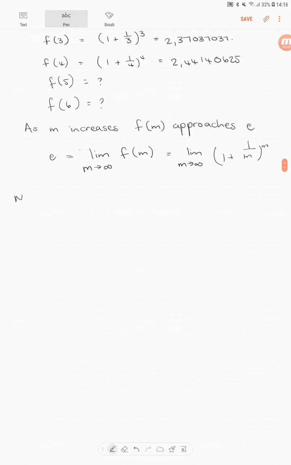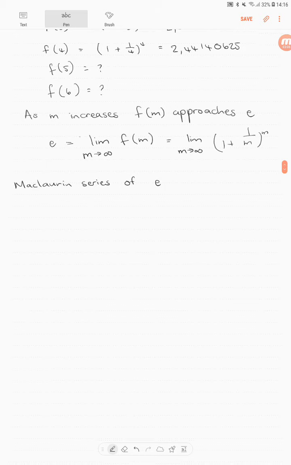So what does the Maclaurin series of e look like? We have e to the power of x is equal to 1 plus x plus 1 over 2 factorial x squared plus 1 over 3 factorial x cubed plus 1 over 4 factorial x to the 4 plus 1 over 5 factorial x to the 5 plus the rest.